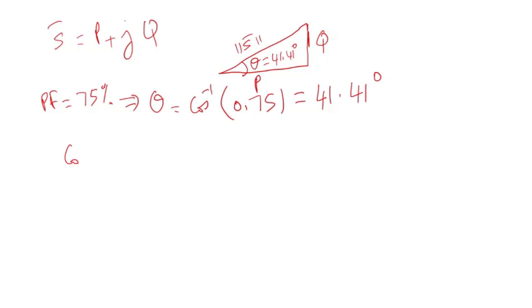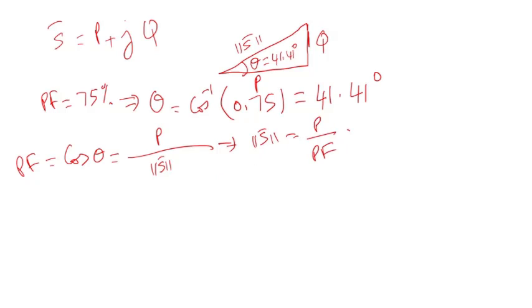If I do trig, I don't have to memorize anything, just cosine theta is equal to P divided by S. I know the cosine theta is just the power factor, I know P, I can calculate S. So the magnitude of S is equal to P divided by power factor, or cosine theta.